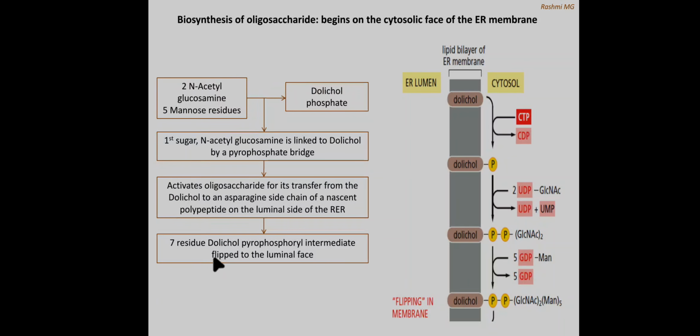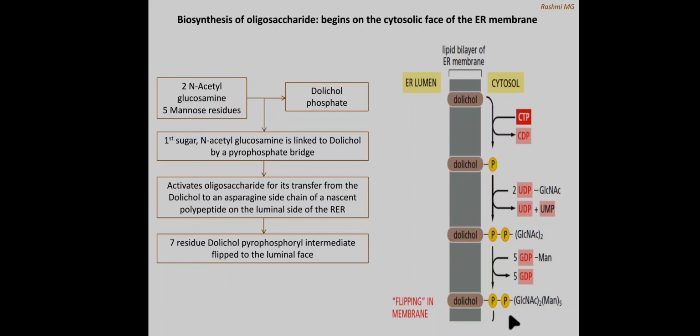Then the 7-residue dolichol pyrophosphoryl intermediate is flipped to the luminal phase. To explain this, you can count the 7 residues here: 5 mannose plus 2 N-acetyl glucosamine gives 7, plus the dolichol pyrophosphoryl intermediate.